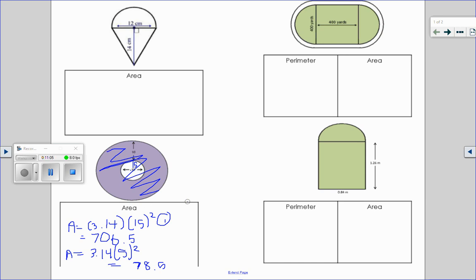So what you would need to do is subtract the two. So I'm going to take 706.5 and subtract away 78.5 because I don't want the small piece inside my whole circle that I found. So your final answer should be 628. Okay? So that should be what you got as your final answer.